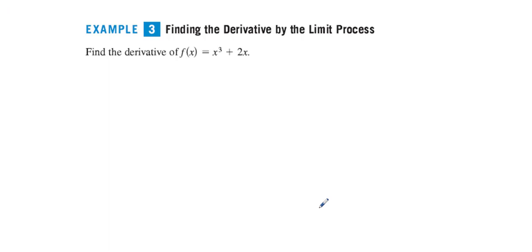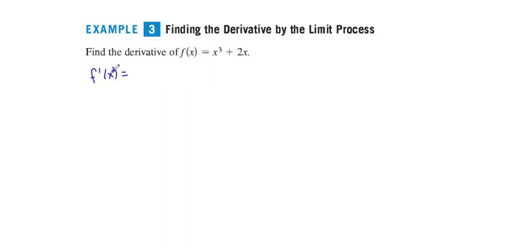All right, let's find the derivative by the limit process. Find the derivative of f of x when f of x equals x cubed plus 2 times x. We need to start out by saying f prime of x is equal to, that is saying we're finding the derivative.